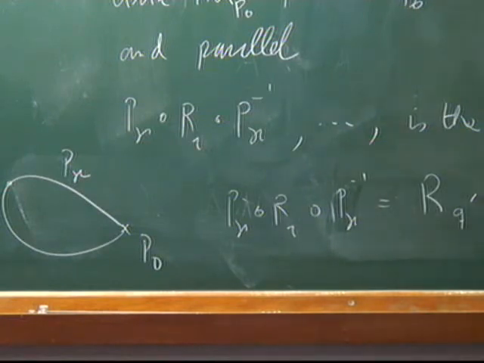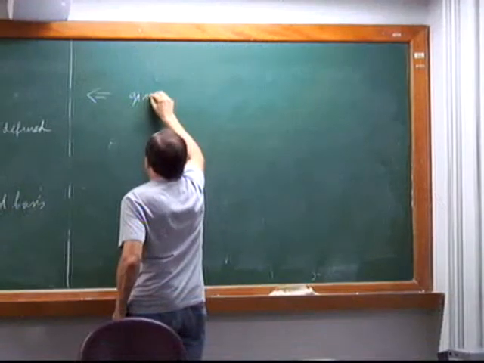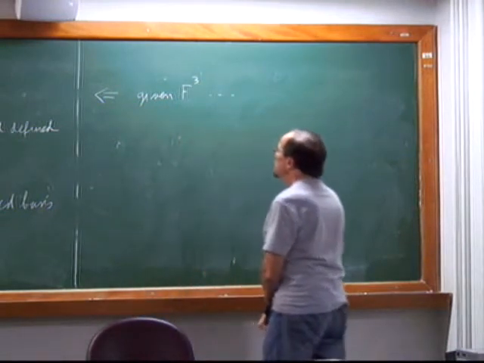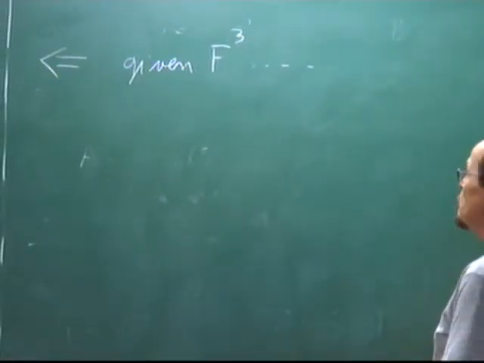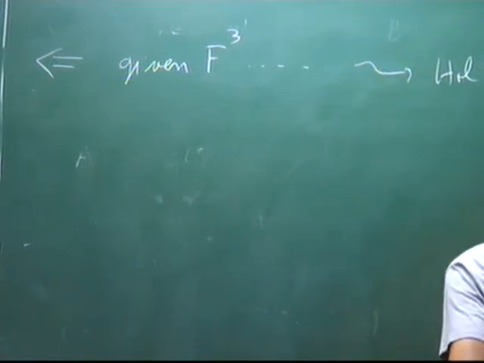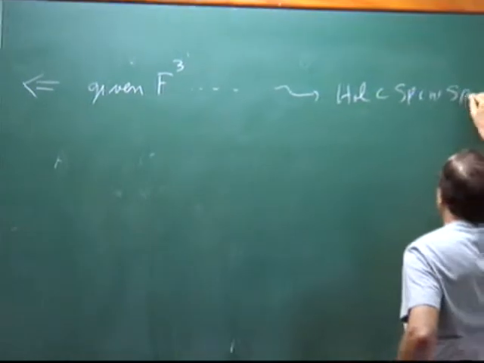That's one direction. So the other direction, let's say given such a bundle F, with all these properties over there, I want to show that the holonomy group is contained in Sp(n)Sp(1).